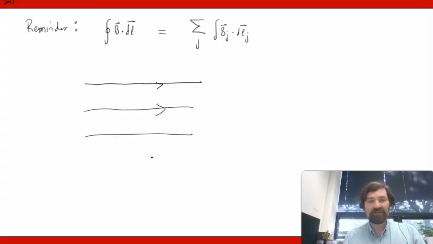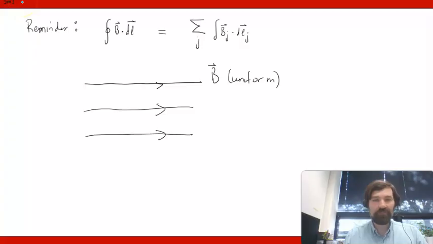So you have this nice uniform B field in some region of space, and then you want to do an Amperian loop through that region that is square shaped like this. Maybe we just go counterclockwise or clockwise around the loop.